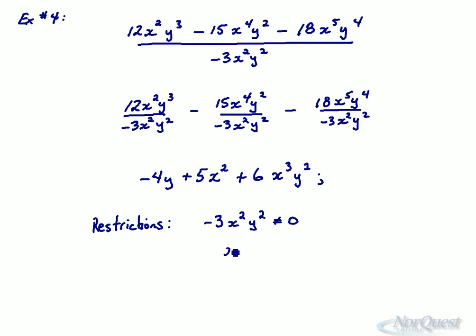So therefore, x cannot be 0. If y was 0, again, this whole thing would be 0. It doesn't matter what the coefficient is out front, we're multiplying here. So if x was 0, the whole thing is 0. Y was 0, the whole thing was 0. So each variable in this case cannot be 0.